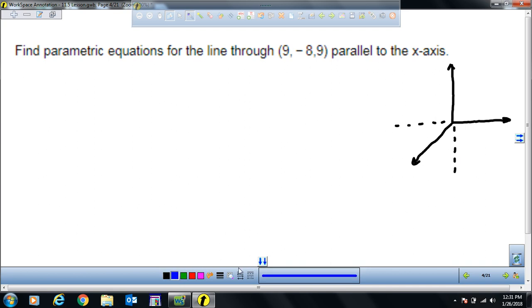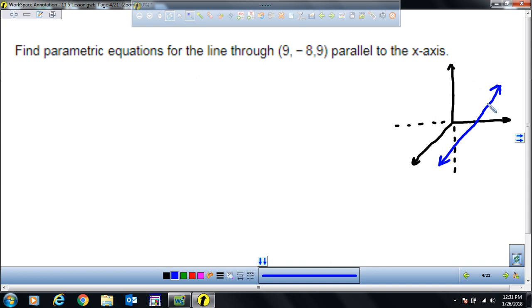What if I have a line that is parallel to the x-axis? We're talking about something like this, right? That is a line that is parallel to the x-axis.